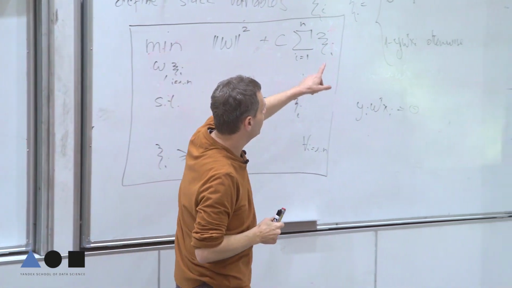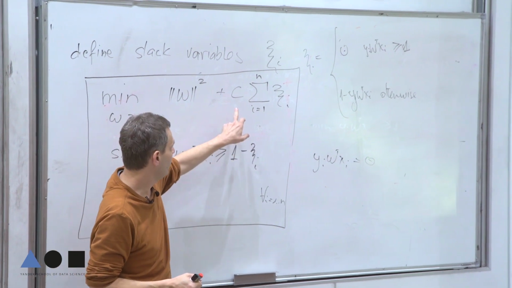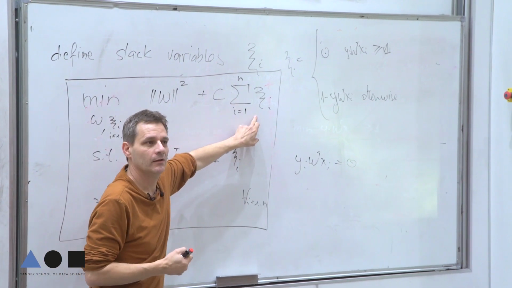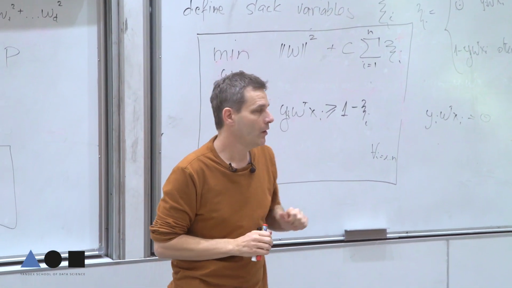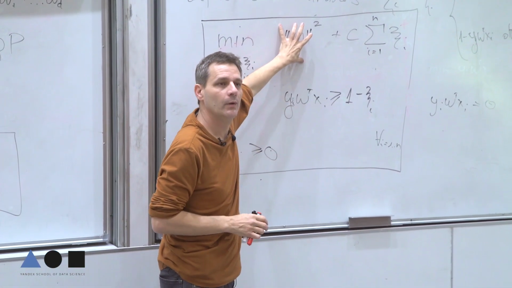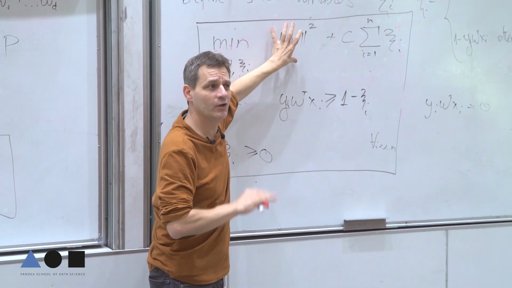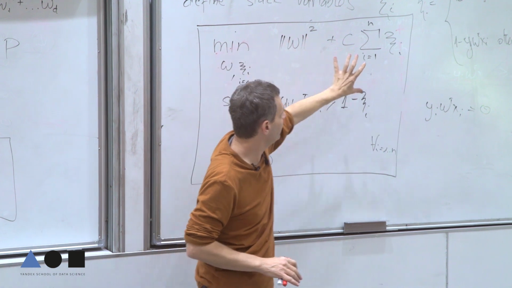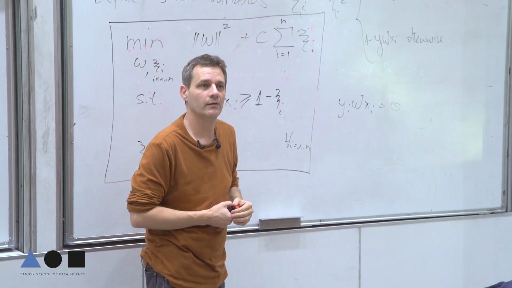Now notice that psi is how much you pay, so in a way, this is your loss. Our loss currently has two components. One is the norm of w, and we're going to talk about this in a bit. I'm sure you talked about regularization. And the other is this loss about misclassification.